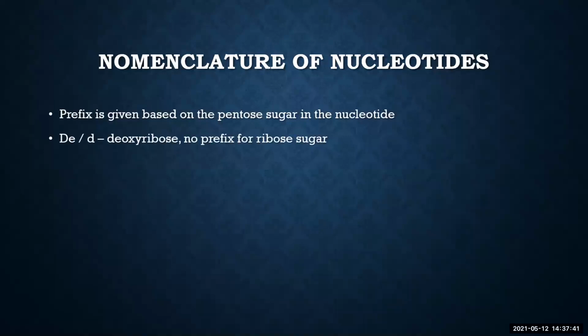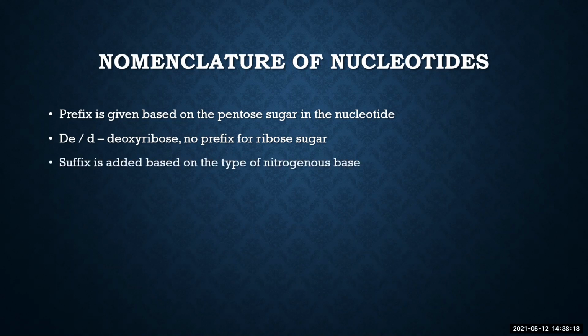In case the nucleotide is made up of deoxyribose sugar, then a prefix of D is given. So you have to add D in front of the nucleotide when the pentose sugar is deoxyribose. If the pentose sugar is ribose, no prefix should be added. So that is rule number one: prefix for deoxyribose sugar is D, and there is no prefix for ribose sugar.